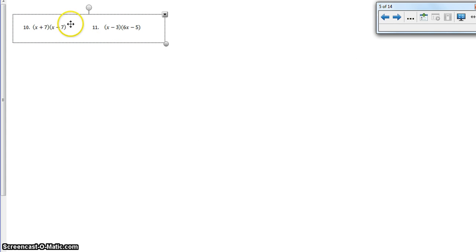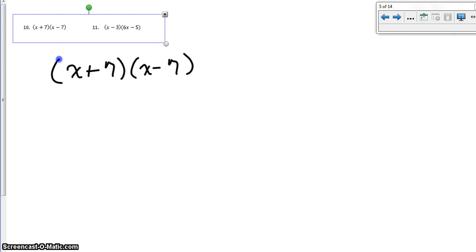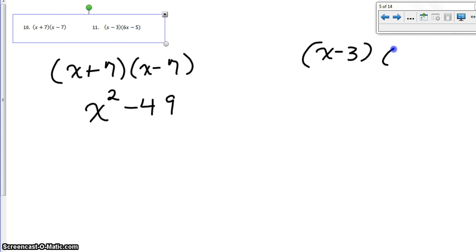Now, when you get to this one, I was kind of hoping that you didn't really have to do any math at all, because what you see is the sum and difference of roots, and so this would be the difference of two perfect squares. Again, with this one, we'll go ahead and use the FOIL method. x times 6x is 6x squared.